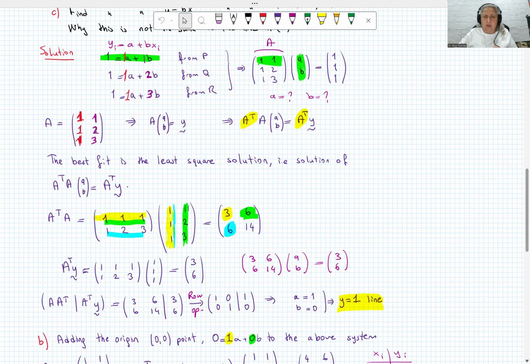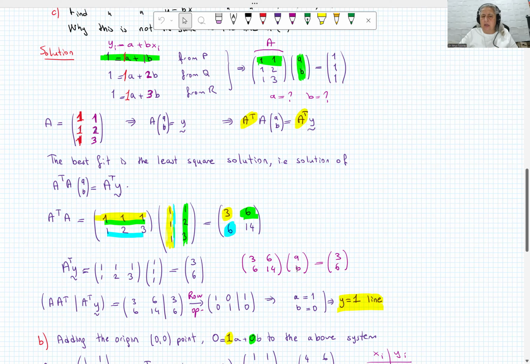This times the green ones, 1, 2, 3, that's 6. And this times this will be 1 plus 4 plus 9, which gives us 14. And A transpose times Y, which is 1, 1, 1, will give you 3, 6. So this is the equation that we would like to solve.